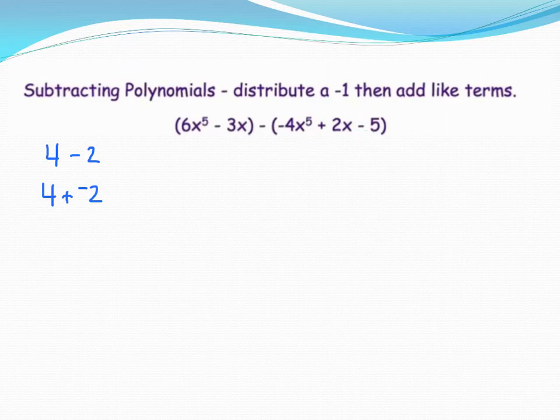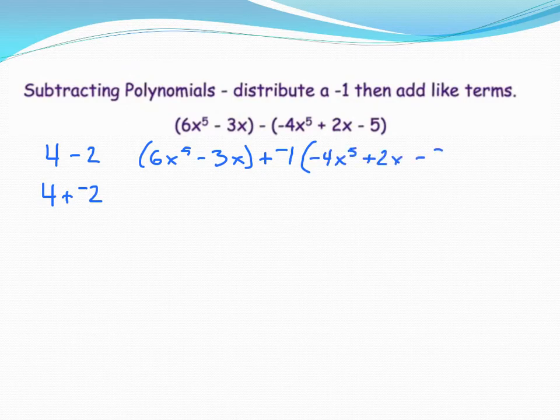When you look at this, what you have to think about is that this is really 6x to the 5th power minus 3x plus a negative, and a negative what? A negative 1 of this entire polynomial. So what do I have to do if I have negative 1 times that entire polynomial? Not term, I said term on accident, polynomial. What do I have to do? I must distribute the negative 1 first.